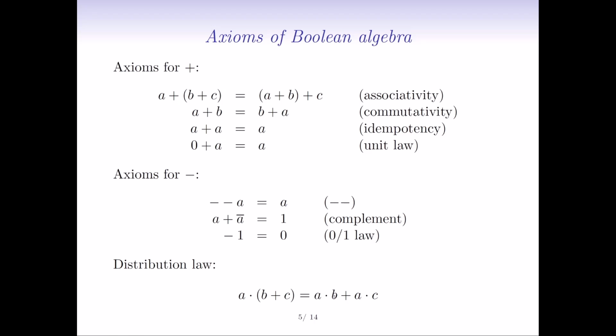And we saw that before. So all of these axioms of Boolean algebra are just laws of classical propositional logic, but written down in an algebraic way. So a Boolean algebra is any set, big B, together with a suitable choice of 0, 1, plus, and minus, such that all of these axioms are satisfied.